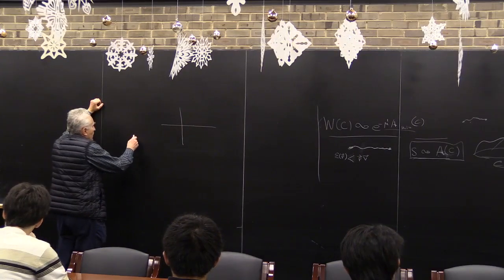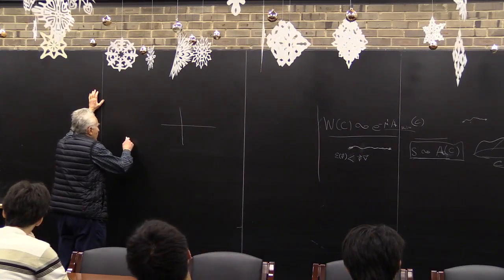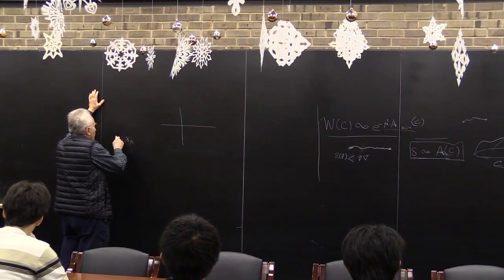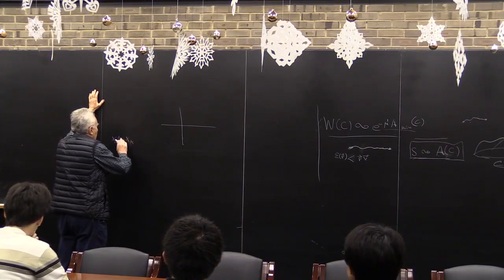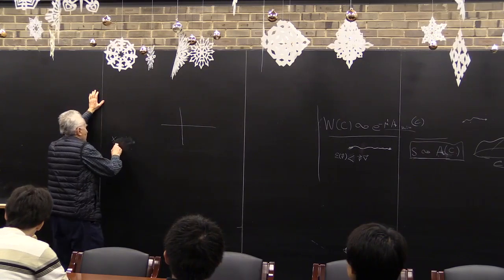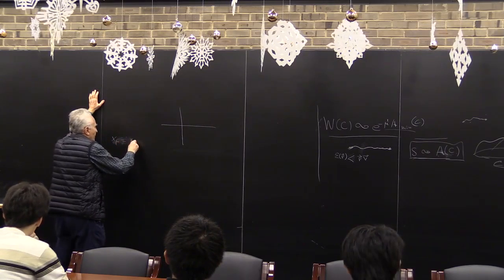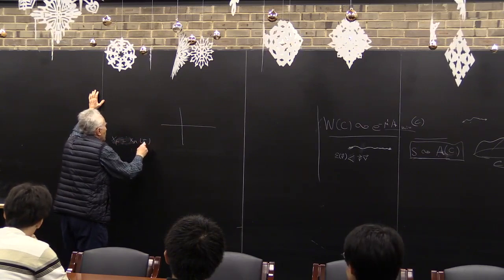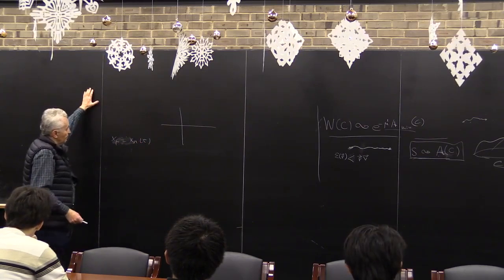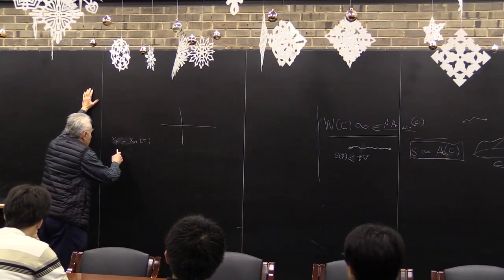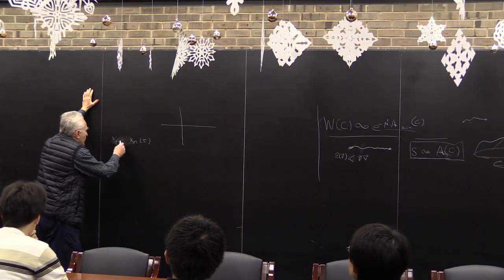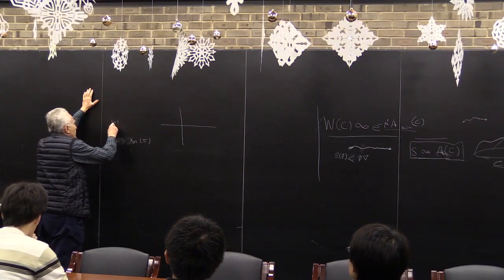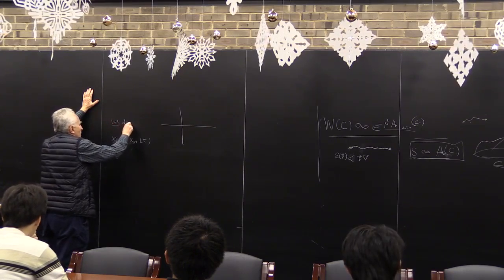If we have four-dimensional notation, we describe the trajectory by the equation x^mu of tau. When you have a constant electric field, let's suppose that we have 1 plus 1 dimension for simplicity.